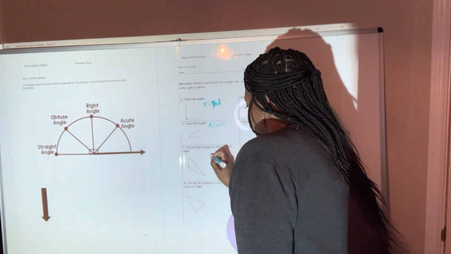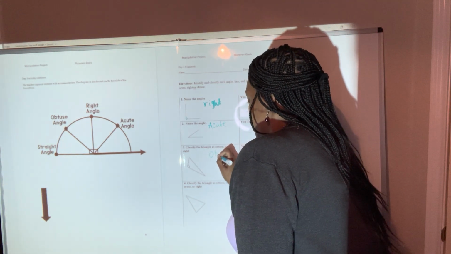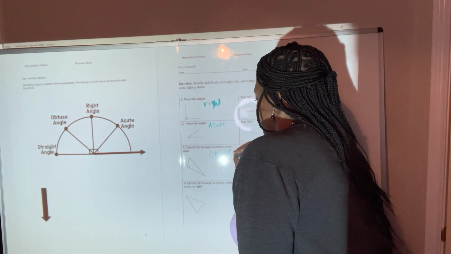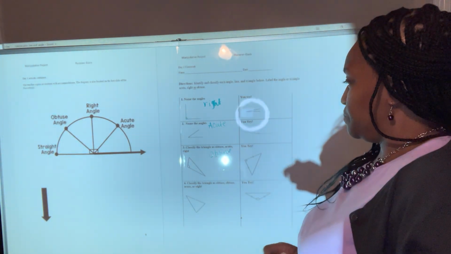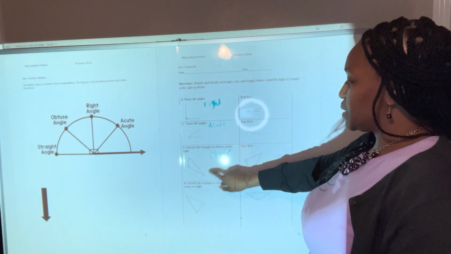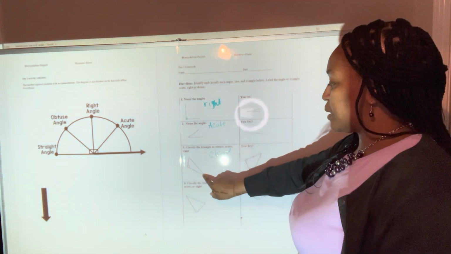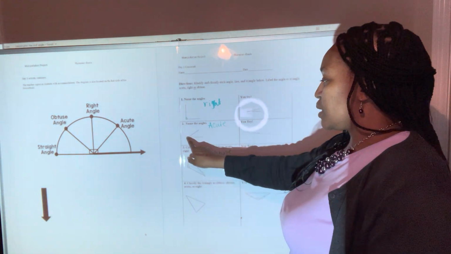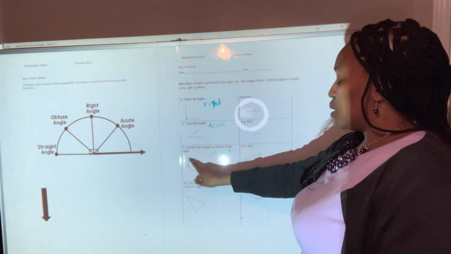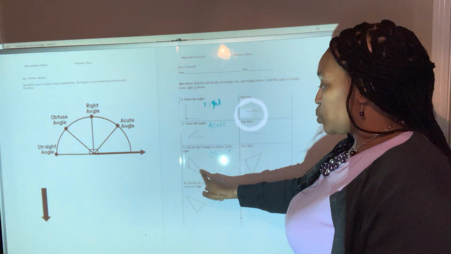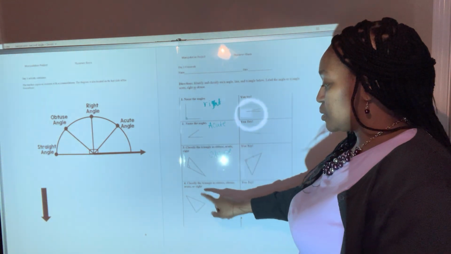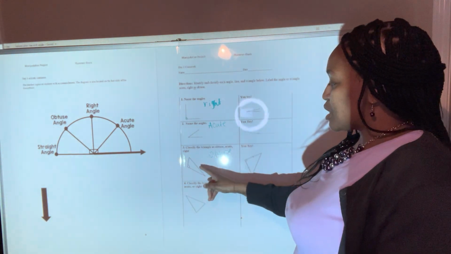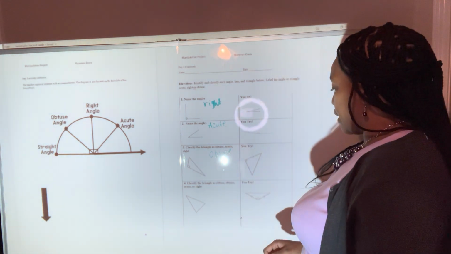So this one will be an obtuse angle. For right now, you can see that this is more of an obtuse angle because it's not really straight up and down like a 90-degree angle. It's not like this one where it's more to the left, more closed, like the greater than, less than sign. That's another way to think about it. But it's a little bit bigger than a 90-degree angle.